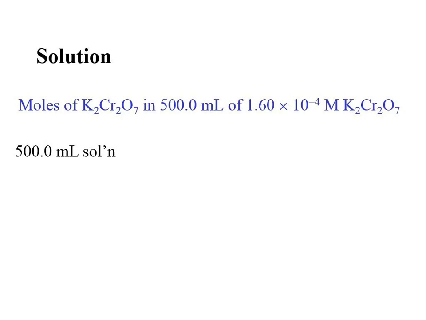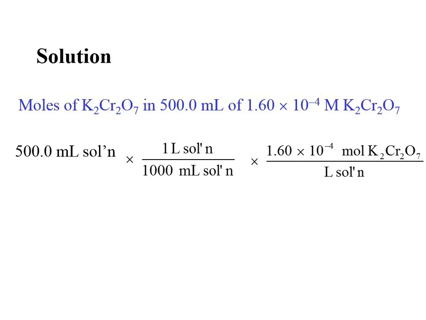So the next term is going to be the 1 liter over 1,000 milliliters. And then the next term is going to be the molarity. So we're going to unpack that 1.60 times 10 to the negative fourth M, and that means 1.60 times 10 to the minus fourth moles of K2Cr2O7 per 1 liter of solution.